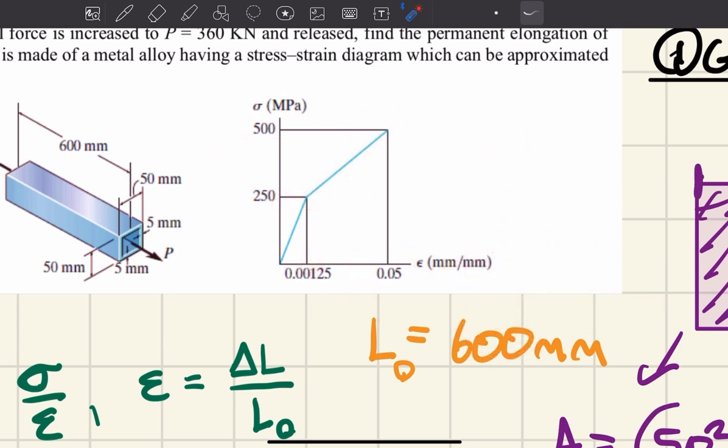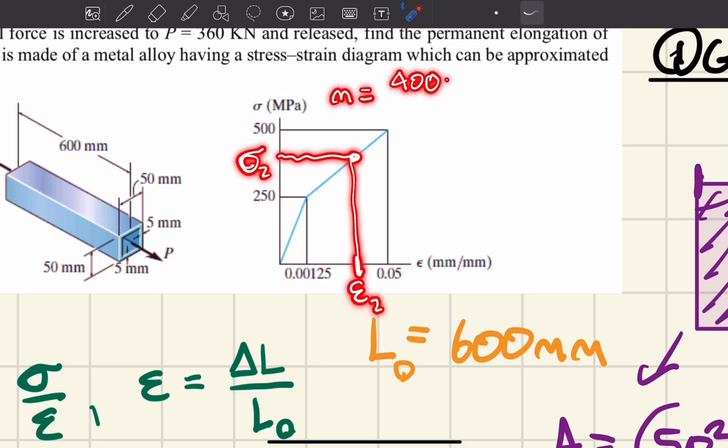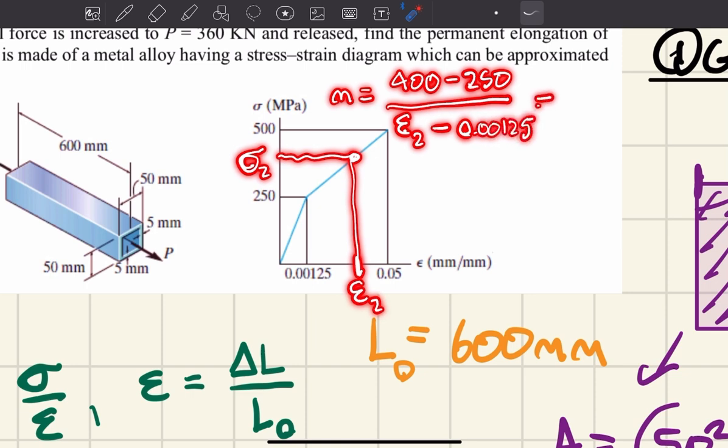Let me clean this up just a bit. So again, I know that this is sigma 2 and this is epsilon 2. I can compare the slopes of the line by saying sigma 2 I know is 400. So 400 minus 250 divided by epsilon 2 minus 0.00125 is equal to this entire slope.